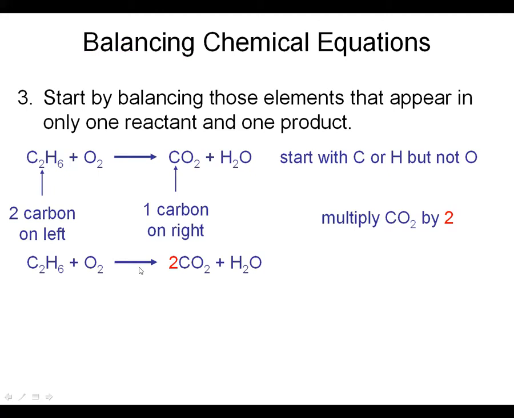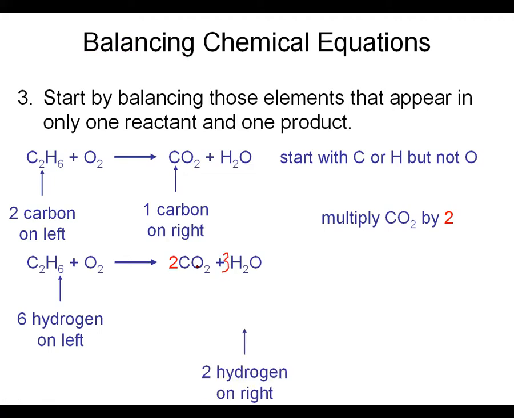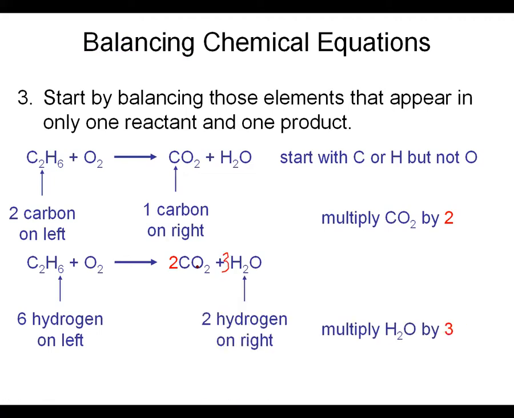After we made our table, we could see that we have 6 hydrogens on the left-hand side, and on the right-hand side, we have only 2 hydrogens. So to fix that, we can simply put a 3 on the right-hand side there. And when we do that, we will then balance out our hydrogen.